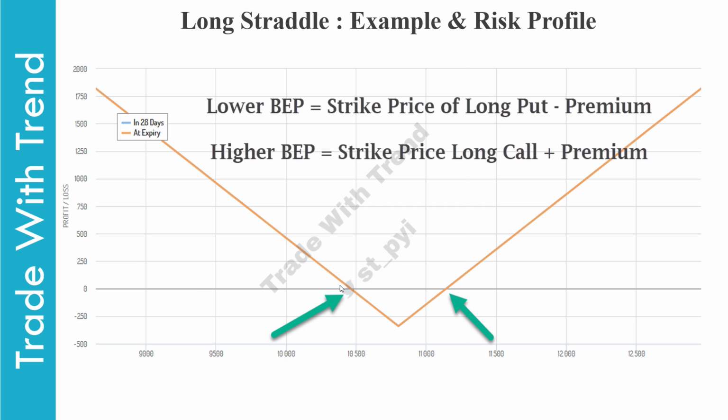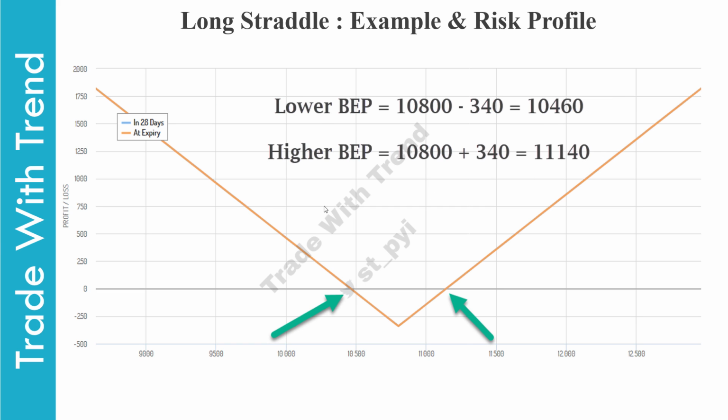Now, lower break-even point is defined as strike price of long put minus net premium paid, whereas higher break-even point is defined as strike price of long call plus the net premium paid. As per our particular example, lower break-even point would be 10,800 minus the net premium paid, that is 340, which is 10,460.